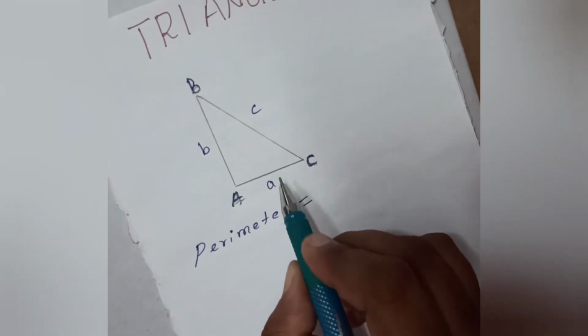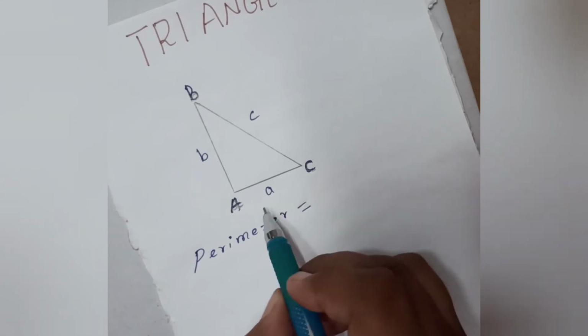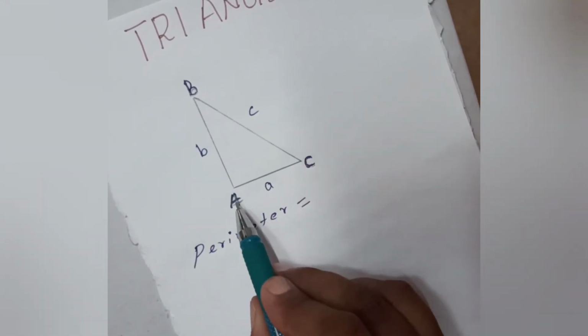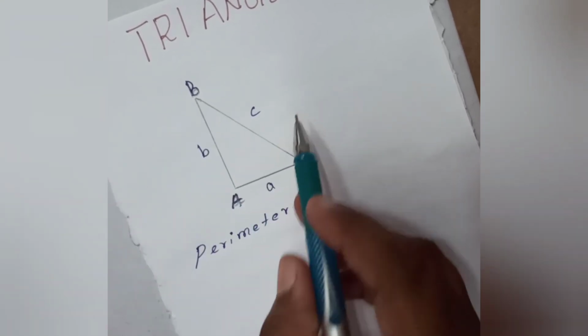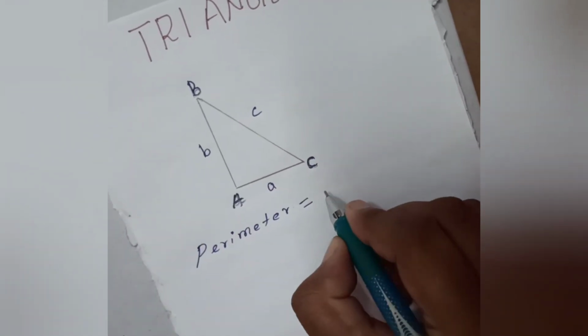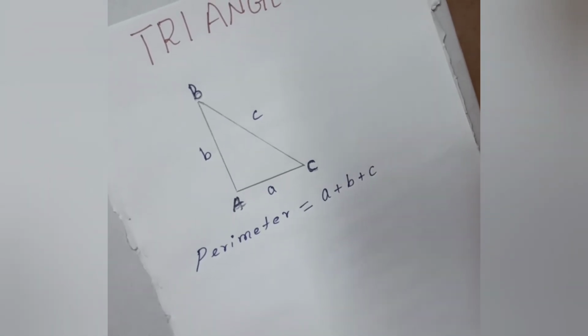If we want the perimeter, we combine all the sides of the particular shape. Here the triangle has 3 sides. So if we take AC as A and AB as B and BC as C, then what is the perimeter? Yes, A plus B plus C.